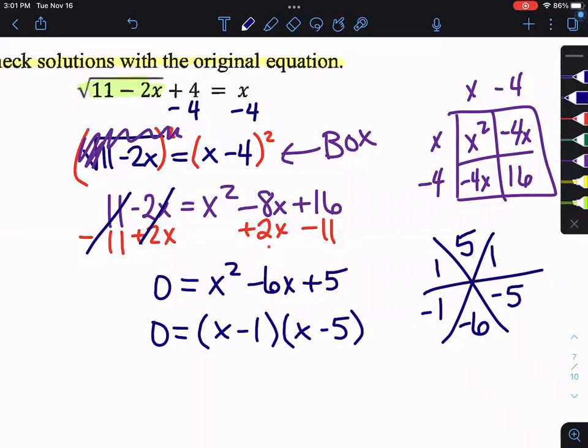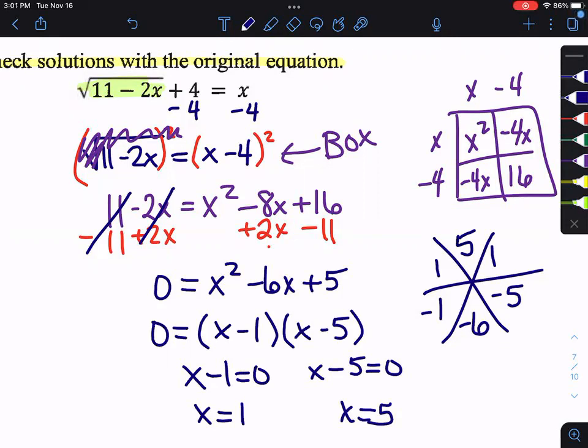The zero product property tells us, since we have two things being multiplied together and their product is 0, that one of them must equal 0. So x minus 1 equals 0, x minus 5 equals 0. It's going to give us x equals 1 and x equals 5.